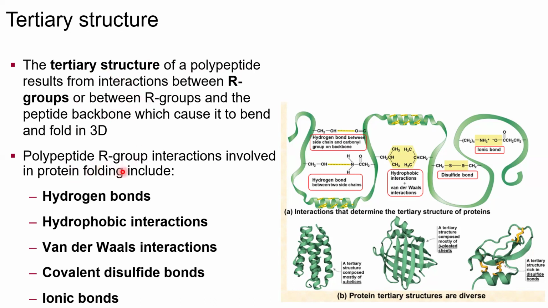And what we see is that in these type of R group interactions, we have a couple of different bonds and interactions involved in protein folding, including hydrogen bonds, hydrophobic interactions, van der Waals interactions, and covalent disulfide bonds and ionic bonds.